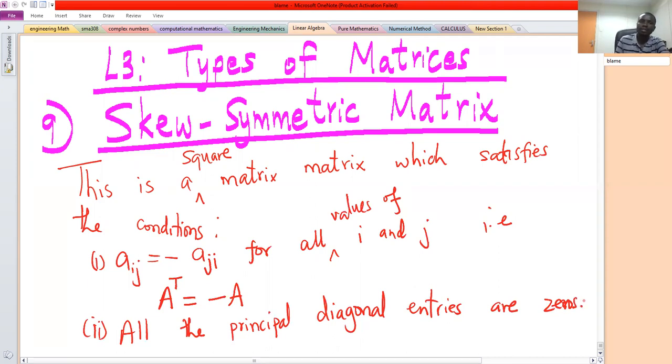So this is what specifies a skew symmetric matrix, a square matrix which satisfies these two conditions. One, that the transpose of the matrix is equal to the negative of the same matrix, and all the principal diagonal entries are zeros.